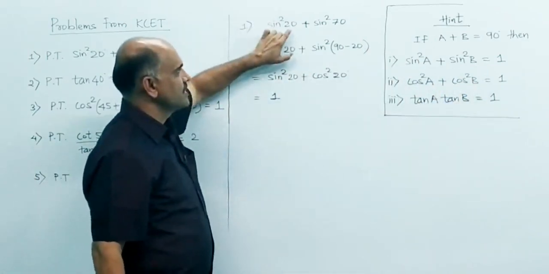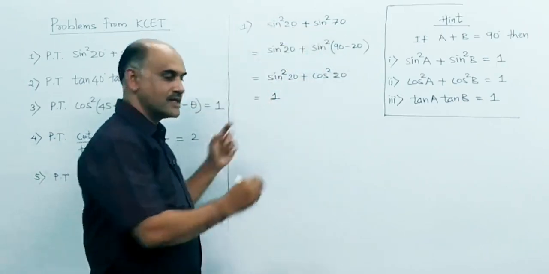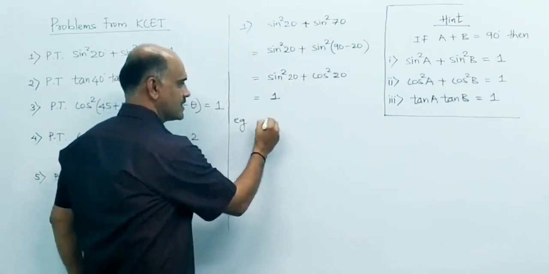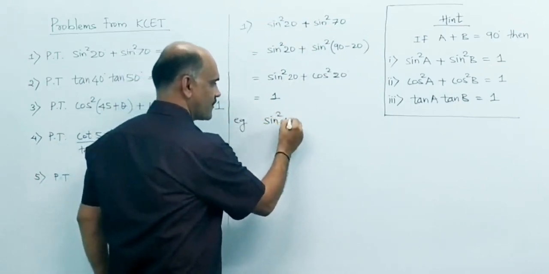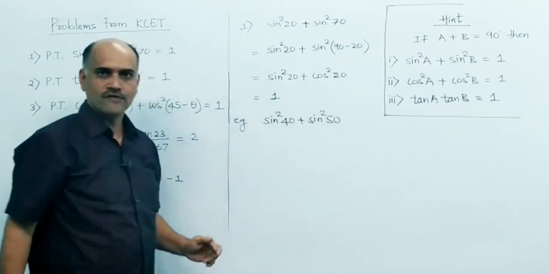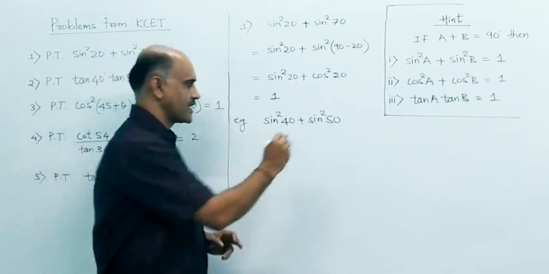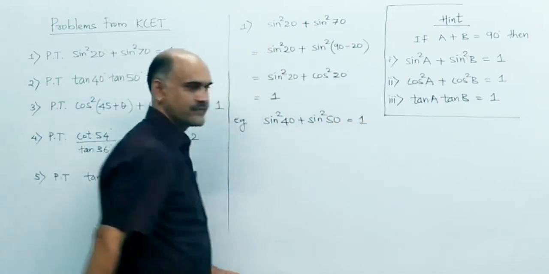So now if you observe here, the sum of these two angles is 90, so you should get the answer 1. Similarly, suppose he has given sin square 40 plus sin square 50. Don't solve it. If you add these two, they are complementary, you will get 90. So the answer will be 1.